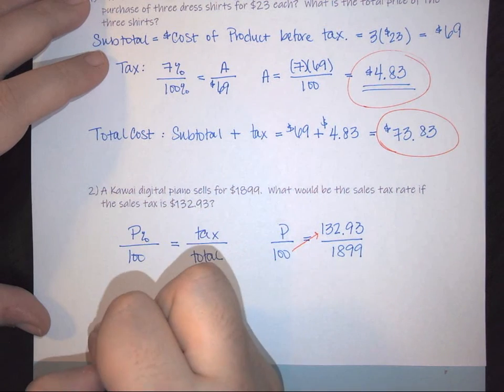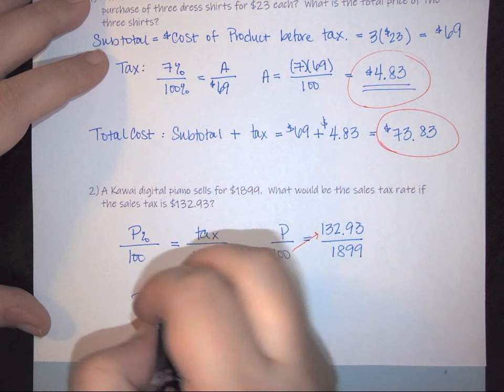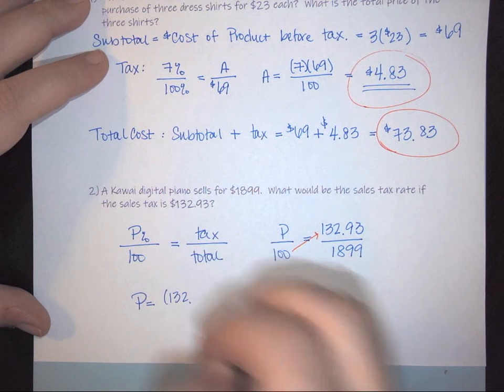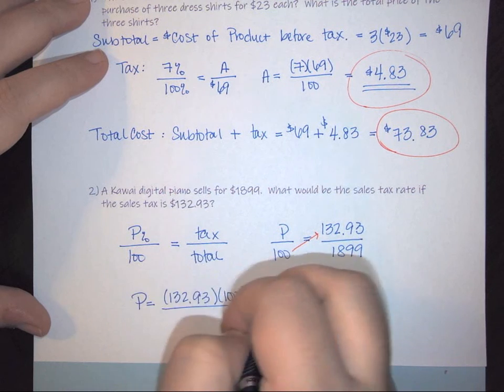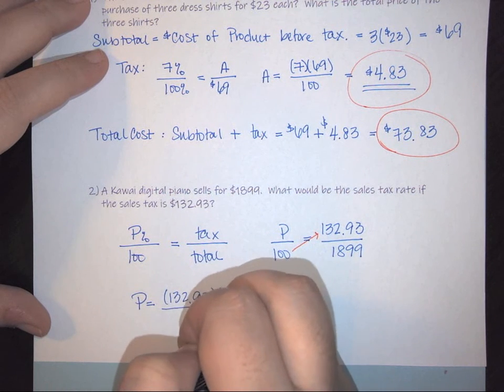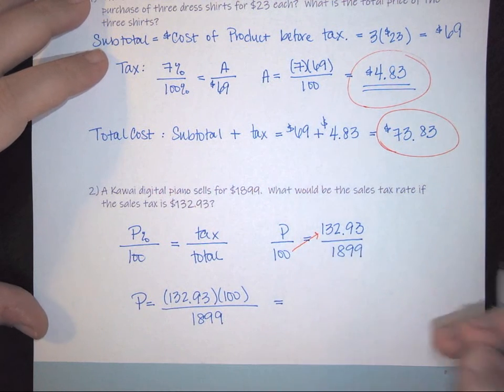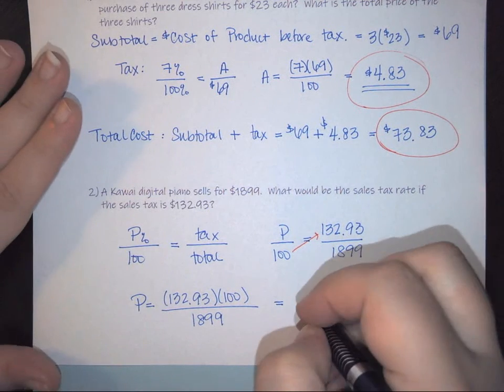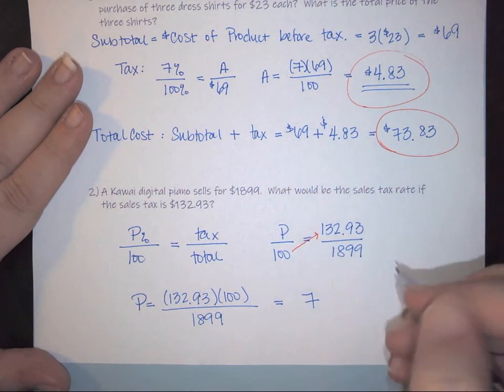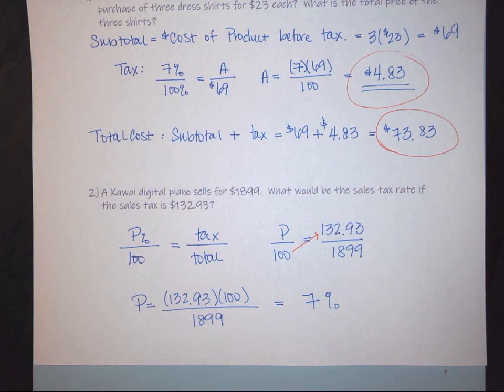So again, we are looking here that my percent is going to be 132.93 times 100 divided by the 18.99. And this is going to give me a value. So here you would take your 132.93 times 100 divided by 18.99, and that is going to give you 7%.